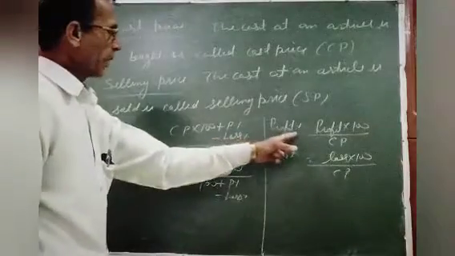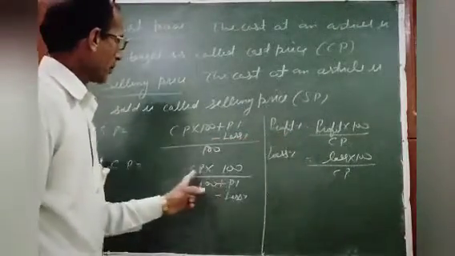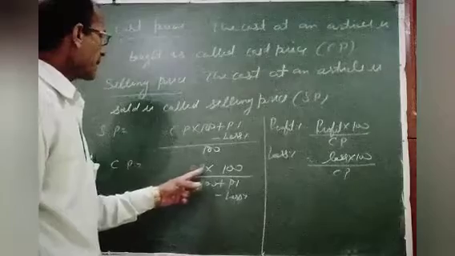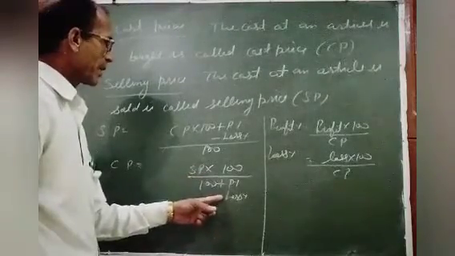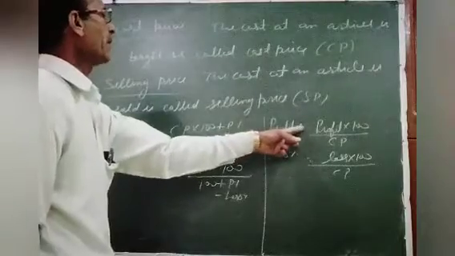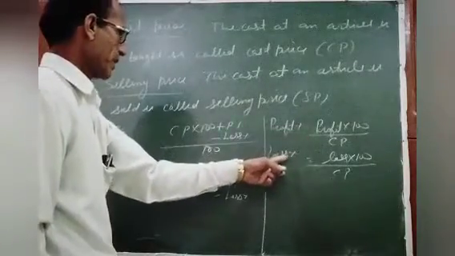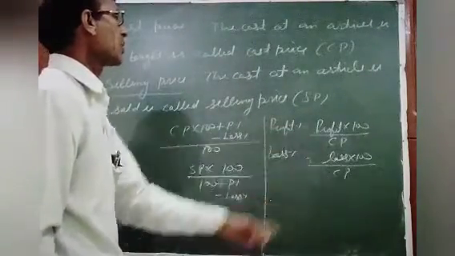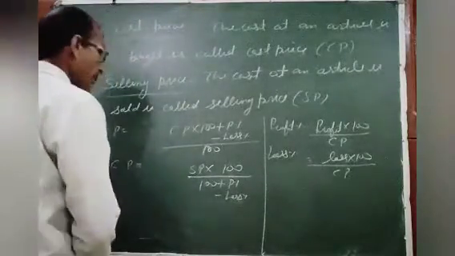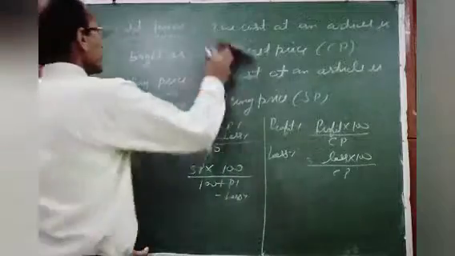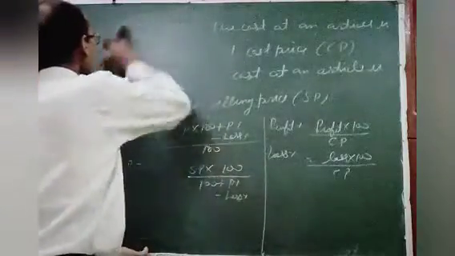To find CP, SP multiplied by 100 upon 100 plus profit percent or minus loss percent. Profit percent is equal to profit multiplied by 100 upon CP, and loss percent is loss multiplied by 100 upon CP. So these are the main points related to profit and loss.